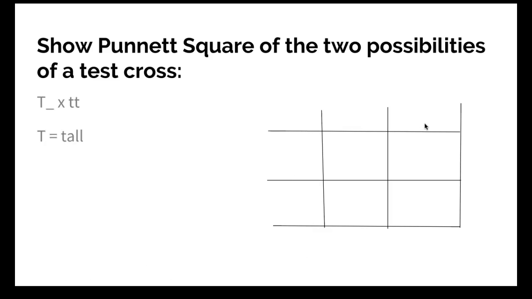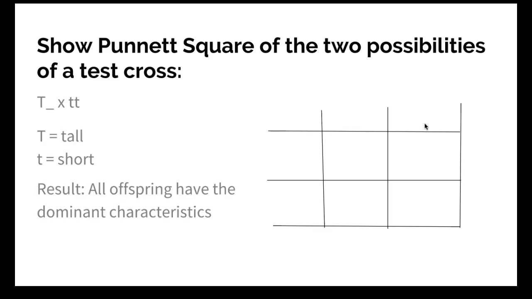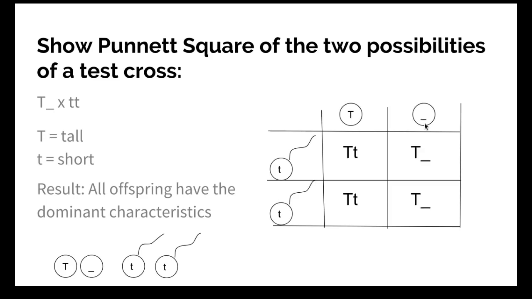In the other example, we are looking at all of the offspring ending up with the dominant characteristic. That means maybe I'm doing this 5, 10, 15, 20, maybe 50 times, and every time I'm ending up with all of them being the dominant characteristic. So this time, again, I'm not sure about that second letter, but if I end up with all of my organisms having at least one big T, so they're showing off that dominant characteristic, this little t would be transferred to this box, so that offspring would be heterozygous, and this little t would be coming over here as well.